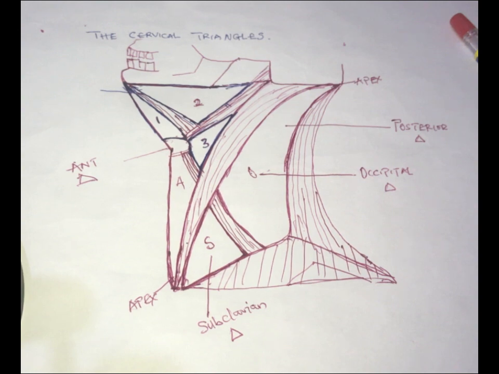This makes this triangle a very vital region of the neck, as any injury to this part of the neck can lead to loss of blood supply to the brain, can lead to coma or loss of consciousness or even death of the subject.